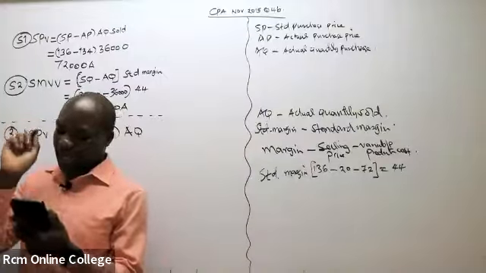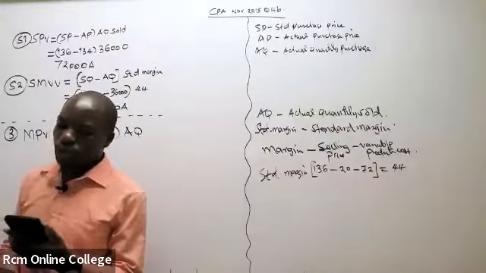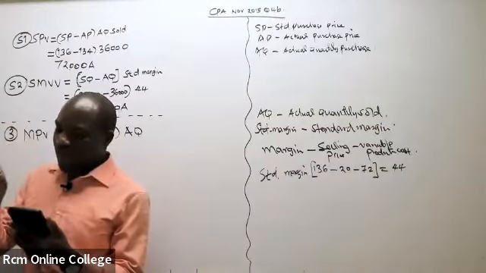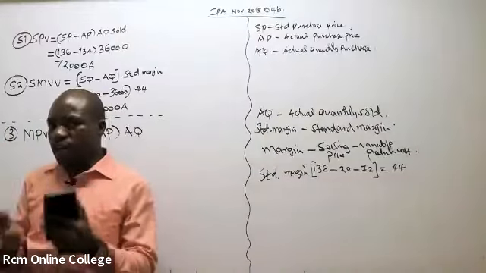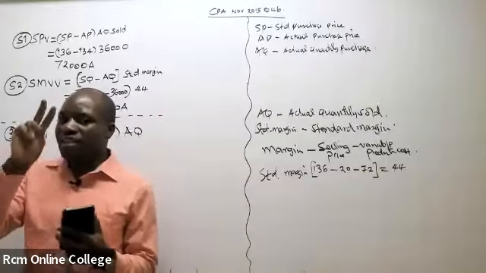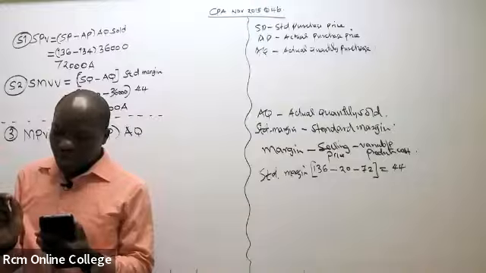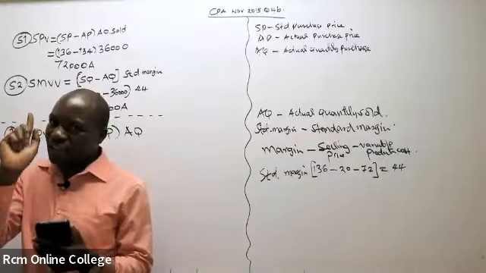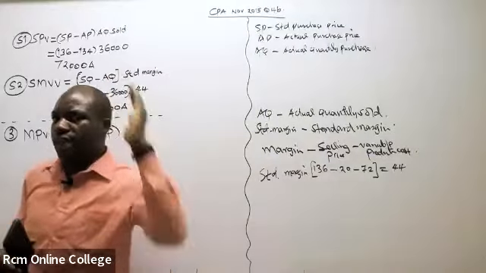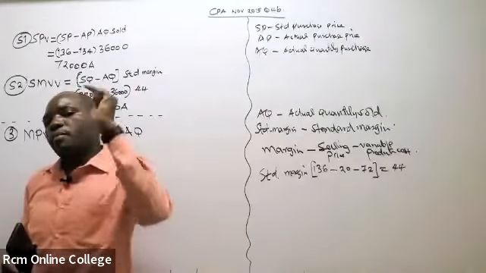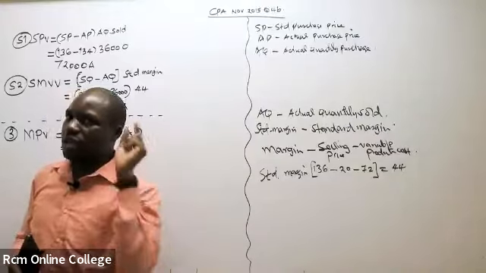We are told that materials, they are going to use 2 kgs, which was to be purchased at 10 shillings per kg. So 1 unit of finished product Q requires 2 kgs. But 1 kg of this raw material is supposed to be purchased at 10 shillings. So it means the cost of raw material to produce a unit of Q is 20 shillings. But the cost of purchasing 1 kg of the material is not 20 shillings.